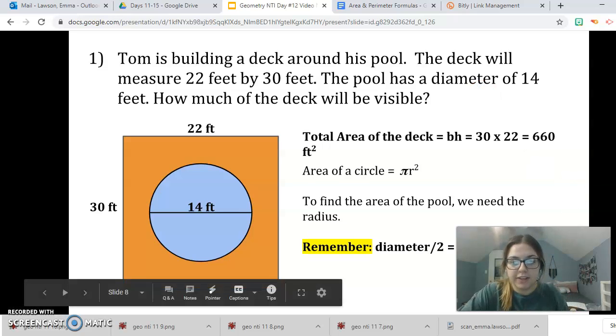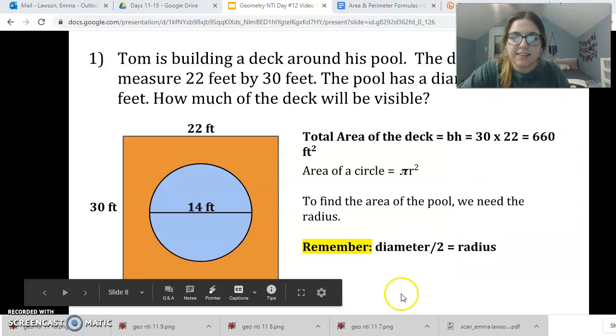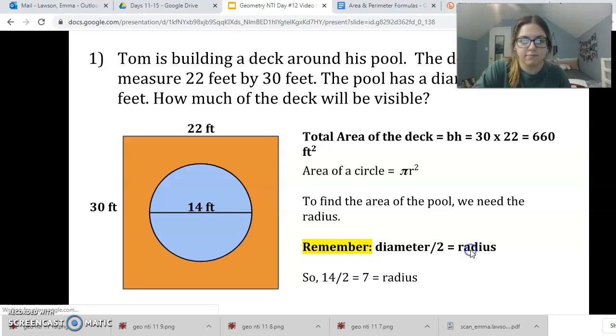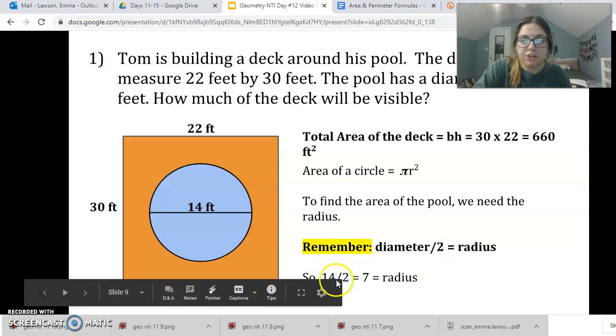So hopefully you remember that the diameter divided by 2 gives me the radius. If I cut the diameter in half, I get the radius. So 14 is my diameter, divided by 2 equals 7. So my radius of the pool is 7.